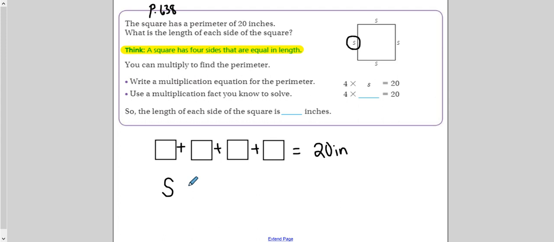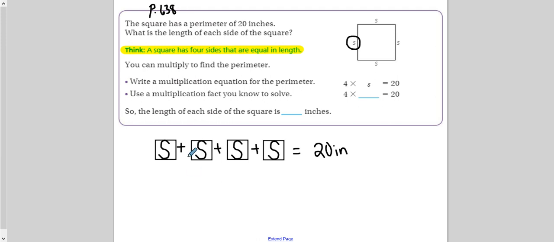We know that whatever s is, we're going to put an s right here, and right here, and right here, and here. And you're about to find out in just a second why s's can be a little bit confusing.